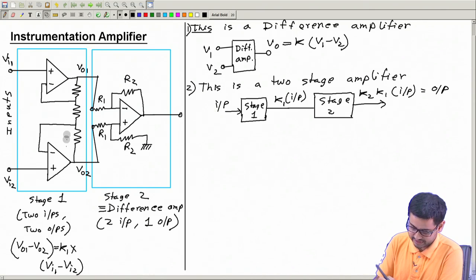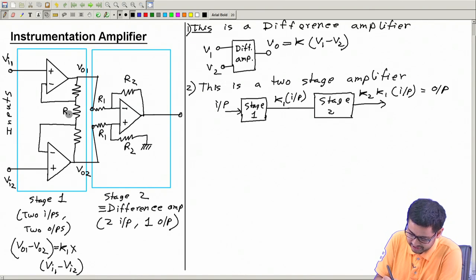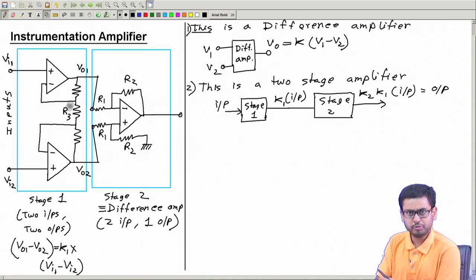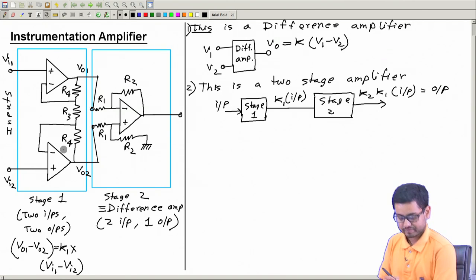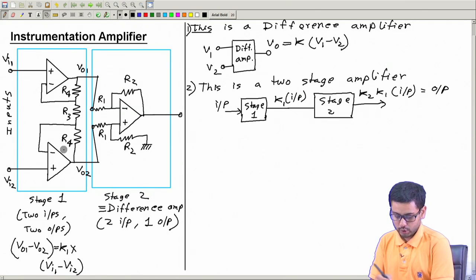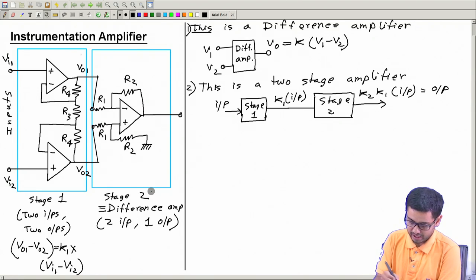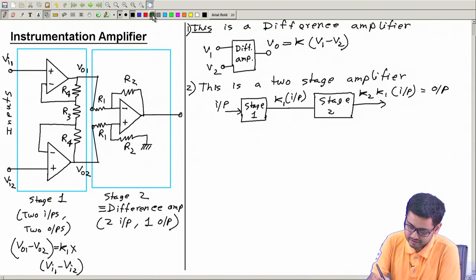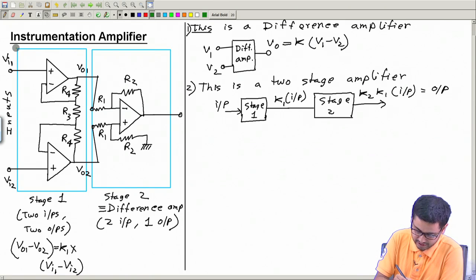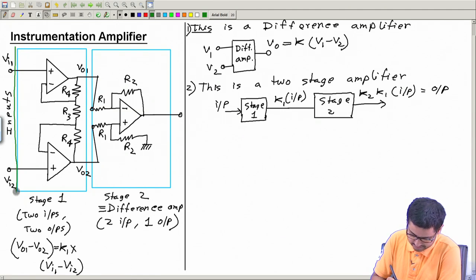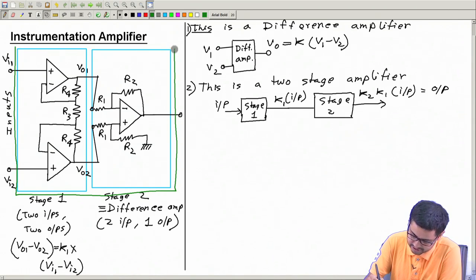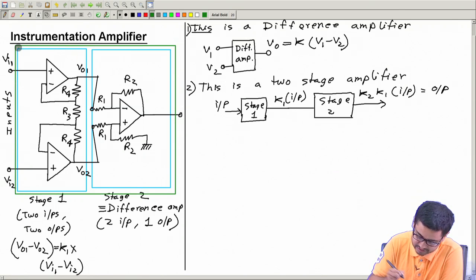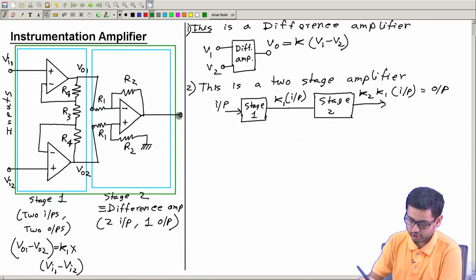Let me give these resistances some names. Call this R3. This also should be symmetric normally, so you can call it R4. So you call this also R4. This is how the instrumentation amplifier looks. Finally, it is this, which has 2 inputs, 1 output.